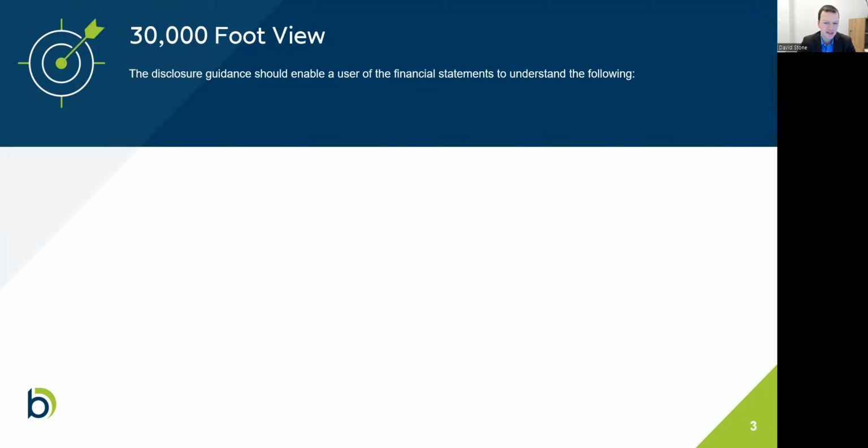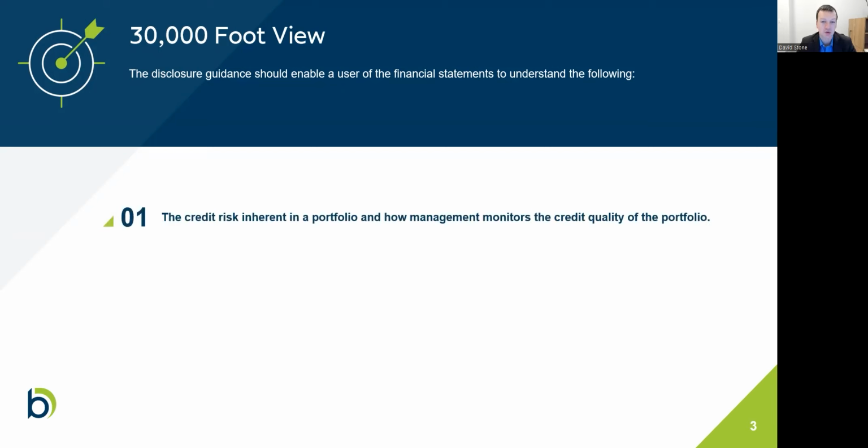Now, this next slide really comes directly out of the codification. In general, this is what we're trying to accomplish with our CECL disclosures. The disclosure guidance should enable a user of the financial statements to understand the following: the credit risk inherent in a portfolio, how management monitors the credit quality of the portfolio, management's estimate of expected credit losses, probably to no surprise.